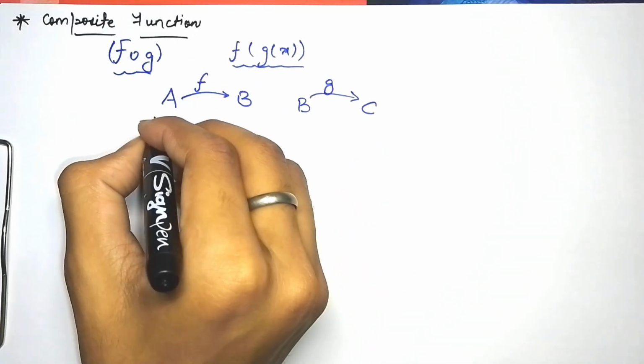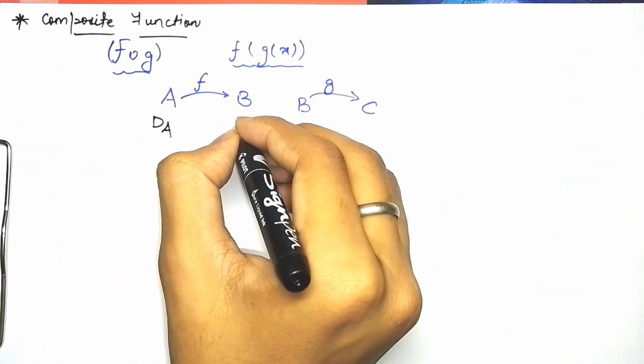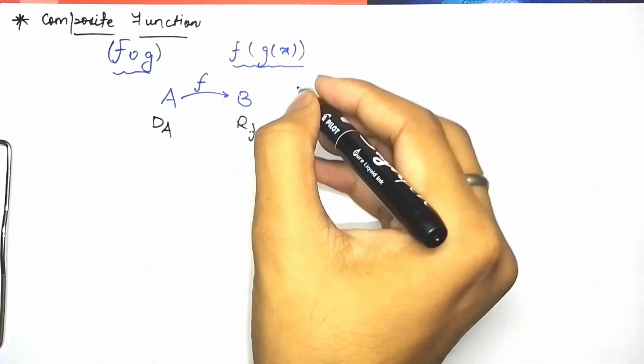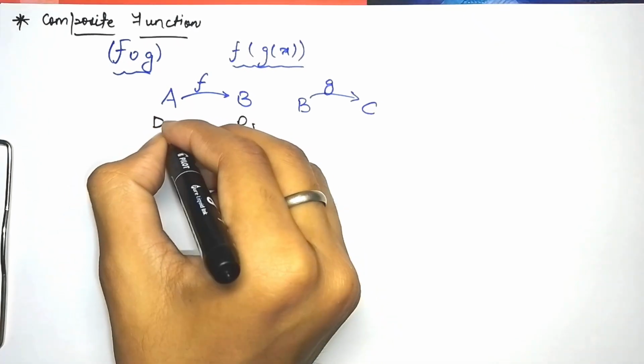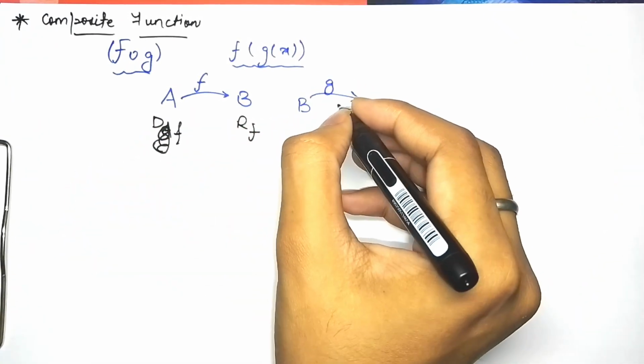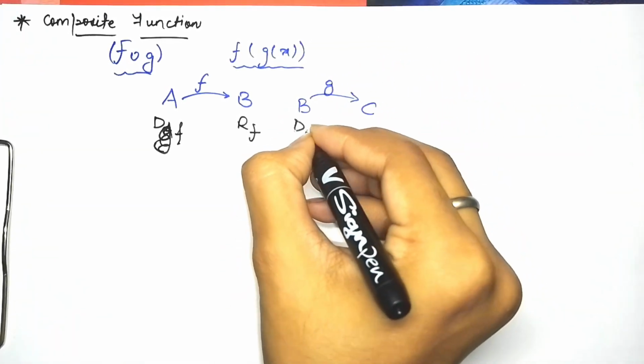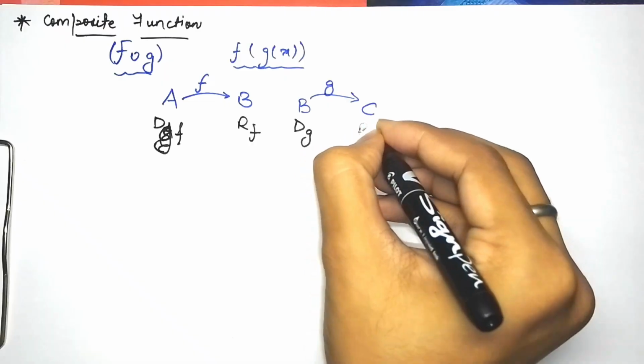Suppose f has a domain Df and a range Rf, and this particular function g, which is defined from B to C, has a domain Dg and a range Rg.